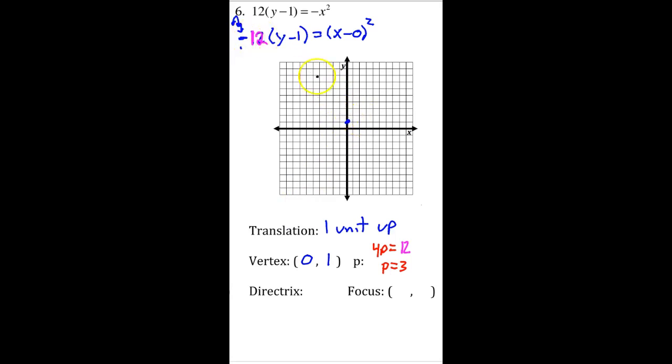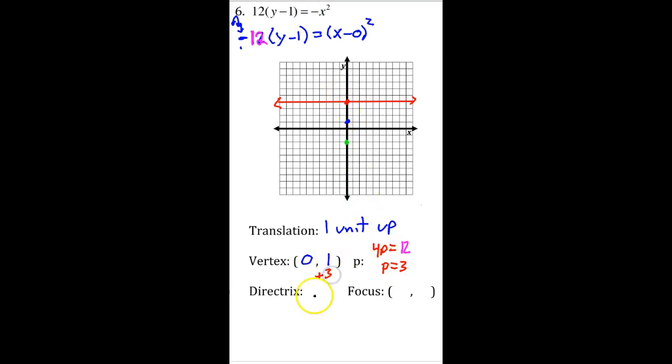Now this time it's opening down, so the directrix is actually above. 1, 2, 3. Okay, and the focus is now below. 1, 2, 3. So it's always good to have a picture to help us figure that out. So our directrix this time was up a p-value.